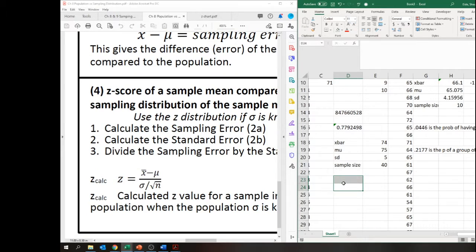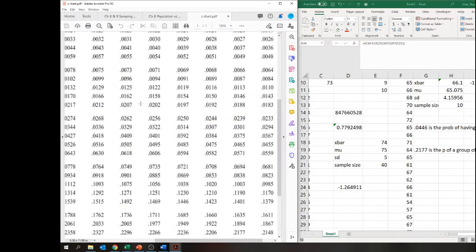So we're going to do equals, put these in parentheses, x bar minus mu, close parentheses, divided by standard deviation divided by square root of the sample size. And that gives us a z-score of negative 1.265, okay? Negative 1.265.